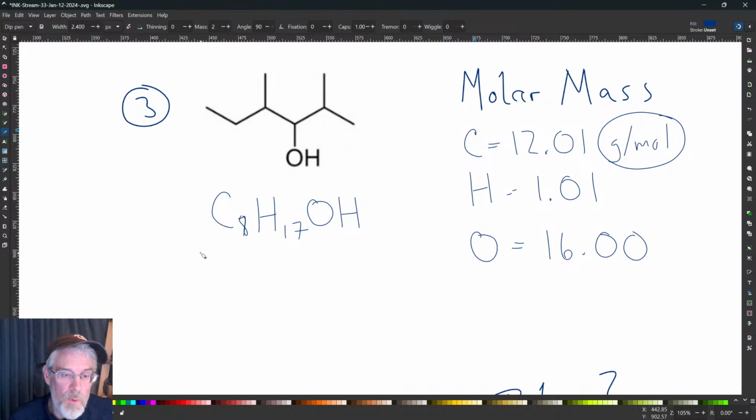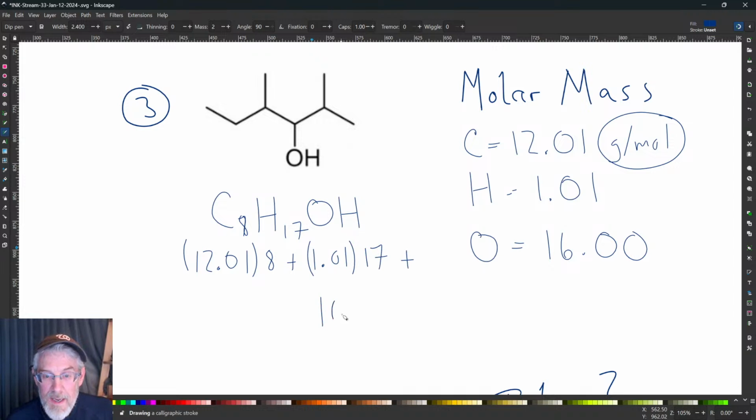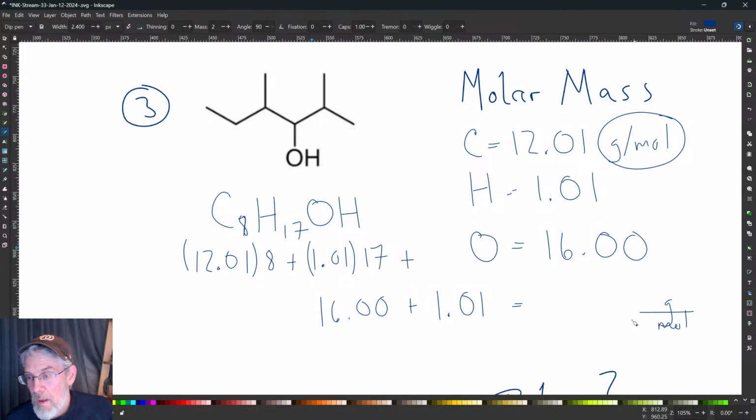So the way I would work it out is I would write 12.01 for the carbon, that's its molar mass, and that's right off the periodic table, times 8 plus, what do we have? 1.01 times 17 plus 16.00 plus 1.01. And if you add it all up, you'll get some grams per mole.